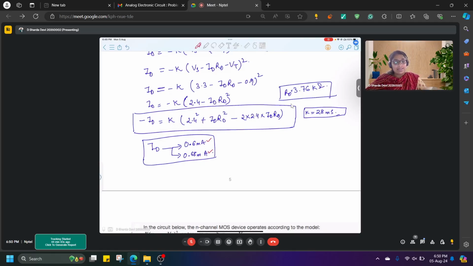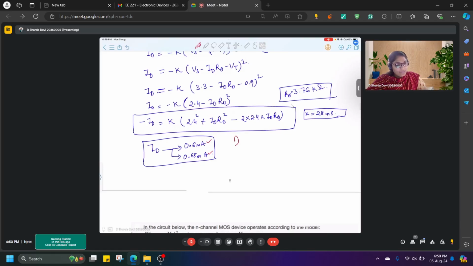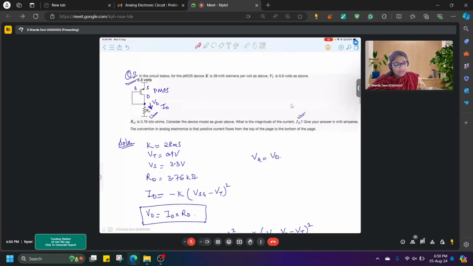Now how to check that? First of all, see this particular circuit.